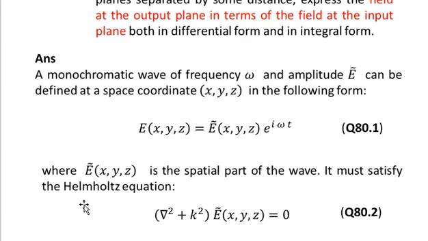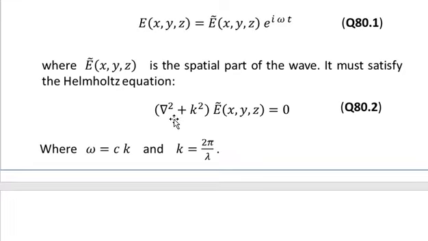It must satisfy the Helmholtz equation, that is, del square plus k square operating on E prime of x, y, z is equal to 0, as shown in equation number 2, where omega is equal to ck and k is equal to 2 pi over lambda.